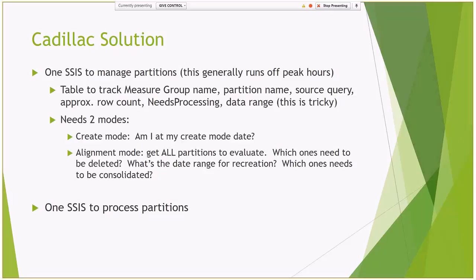If I have a name match, then here's the decision you need to make: do I assume the query has not changed? Or do I say, I don't care, when I run in alignment mode, I'm just going to assume something changed. I'm going to rebuild these partitions, set my query definition straight, and then mark them for processing later.